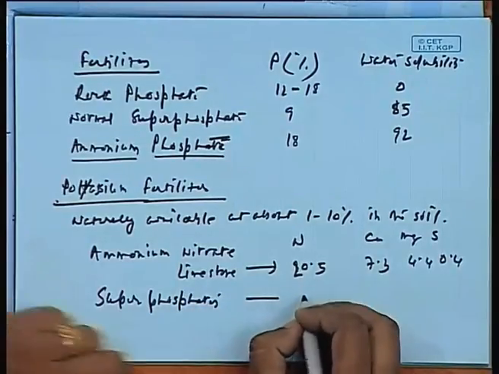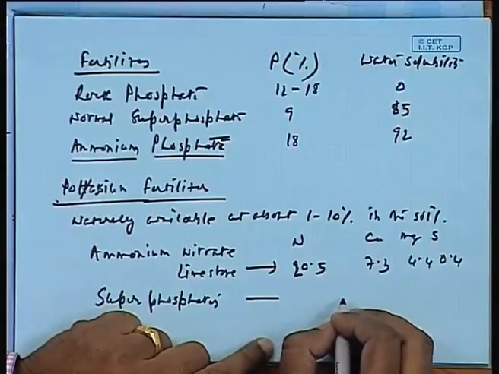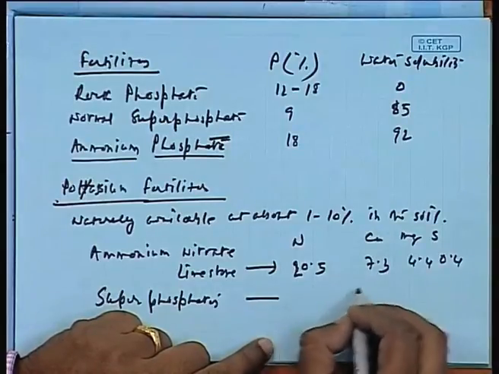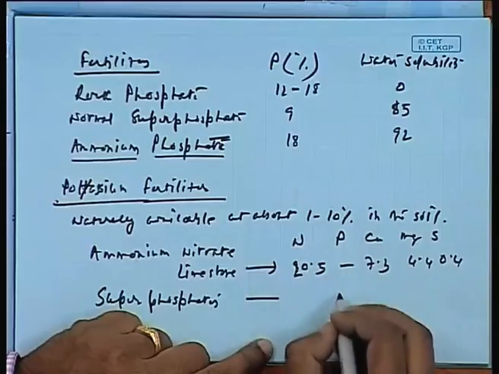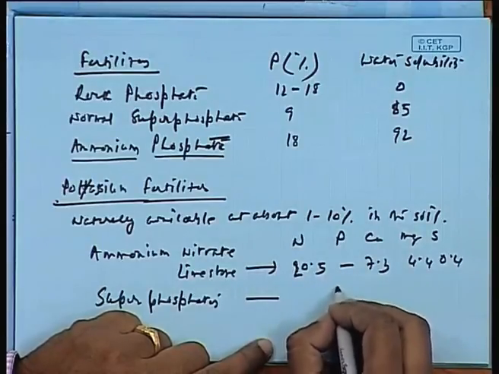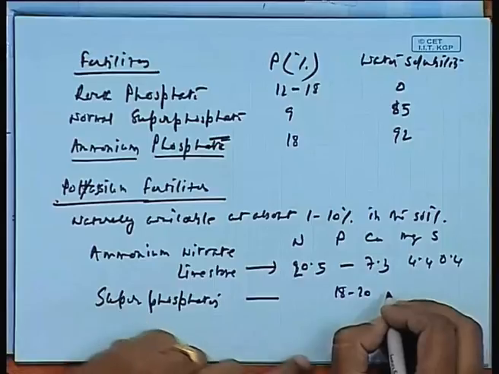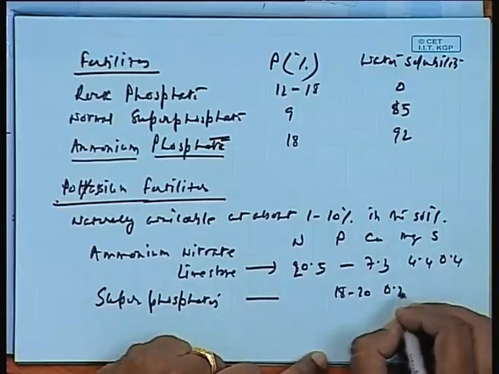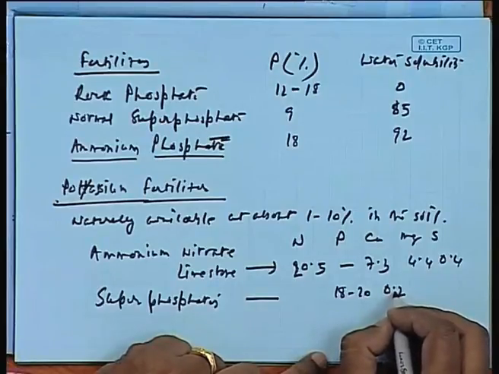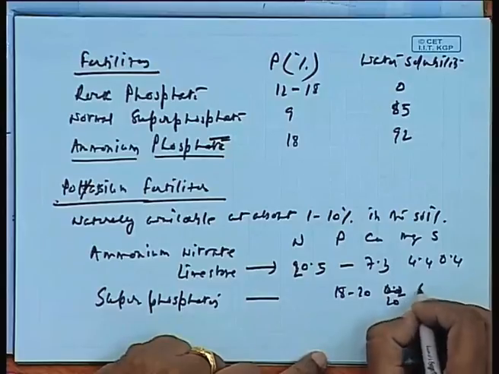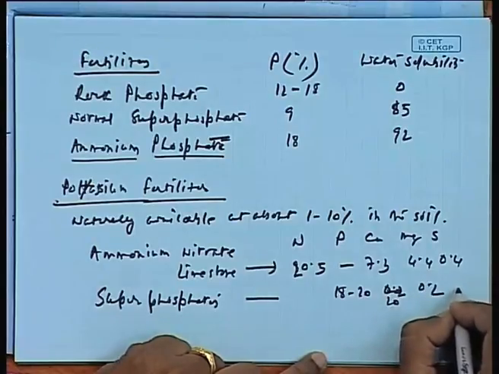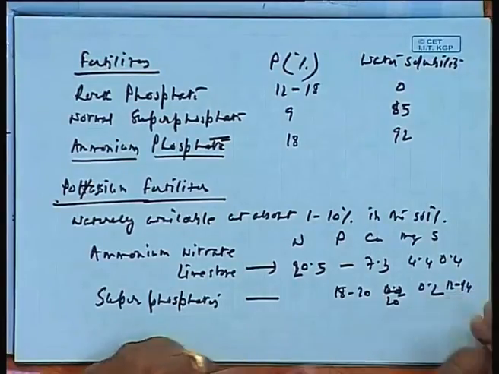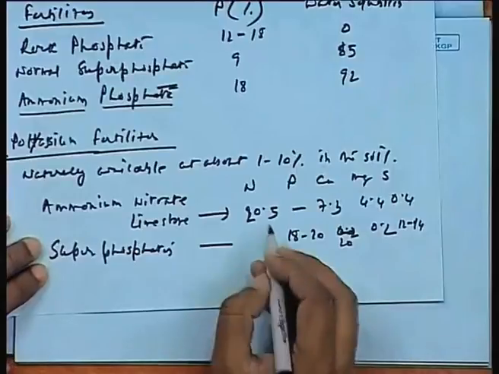The superphosphates, on the other hand, would have phosphorus 18 to 20, then 0.2, 0.2, 0, 20, 0.2, and 12.4, 12 to 14. So this is how they should be available.